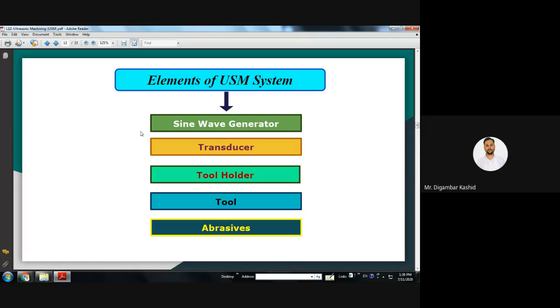That means we require sine waves. I'm going to talk about it in detail in the next slide. Then the second component is the transducer. Then the third component is the tool holder and tool. And the last and important one is the abrasive slurry. So these are the mainly five components or elements of our USM system or USM setup. Now we will discuss them in detail.